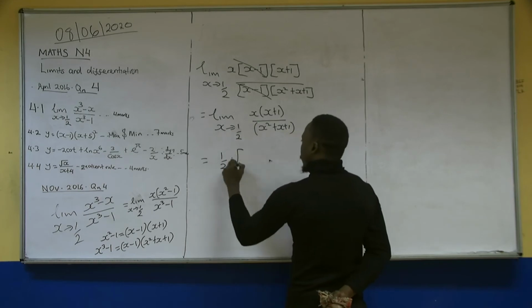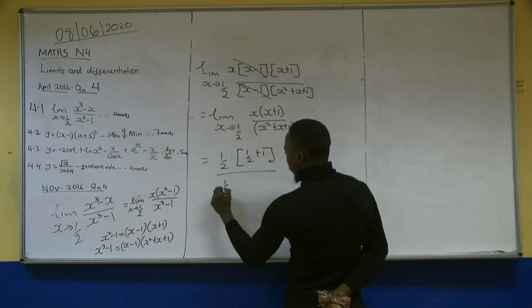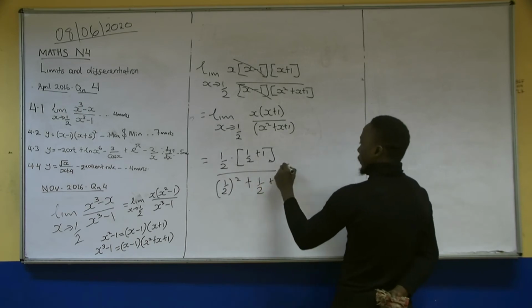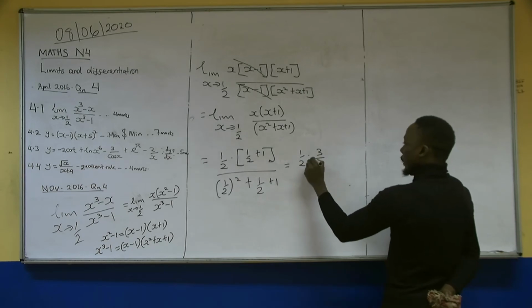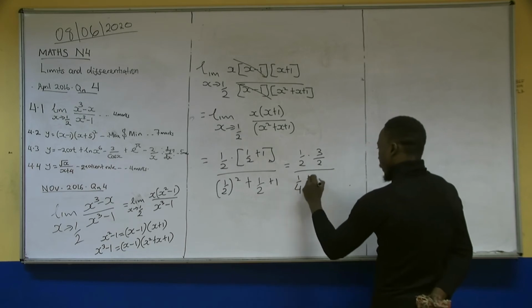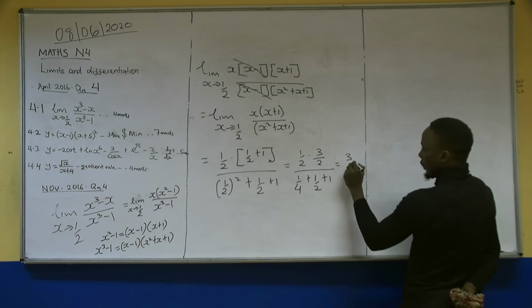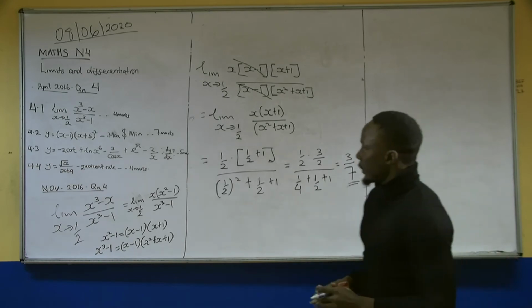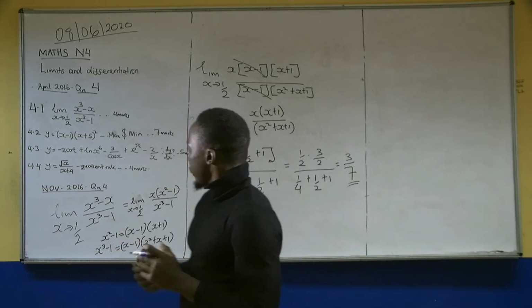We get a half times a half plus 1 over a quarter plus a half plus 1, giving us a half times 3 over 2 divided by a quarter plus a half plus 1, giving us 3 over 7. So you go slowly, that was the answer, and you get your 4 marks. So that was a recap on limits.